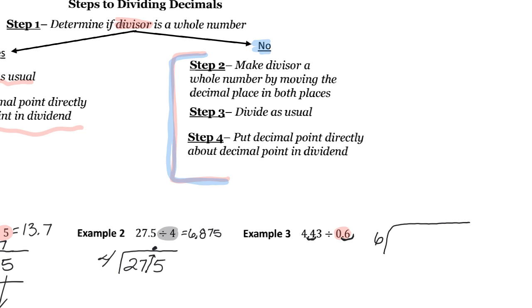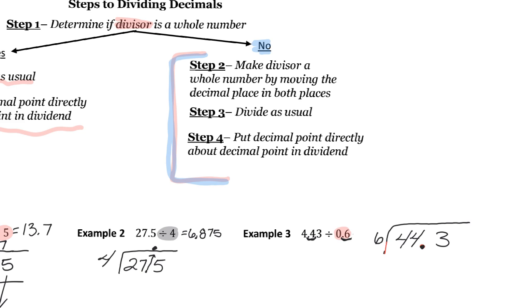And that 4.43 really became a 44.3. So we just moved the decimal place over once. That allows us to eliminate that 0 in front of the 6 and that decimal place in front of the 44.